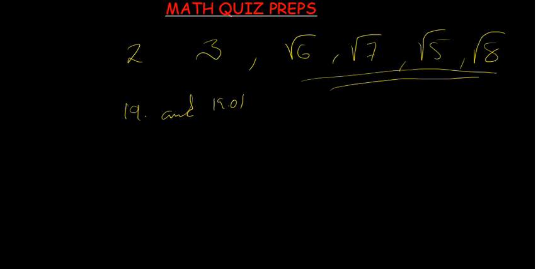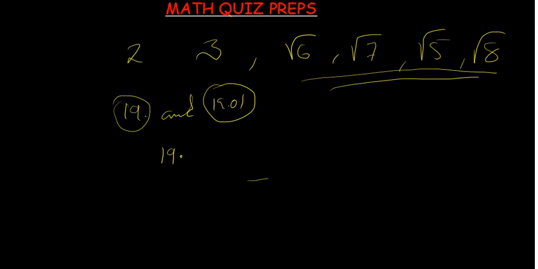Okay, it's 0.01, right? So what you can do is you are moving from 19 to 19.01. So you want numbers which are between this, numbers which should be bigger than this.